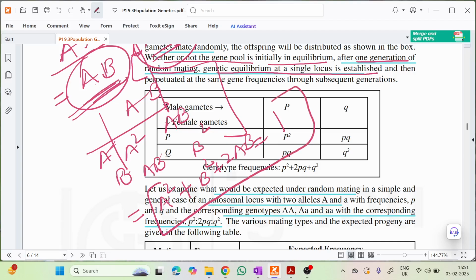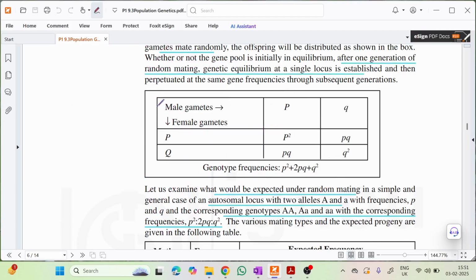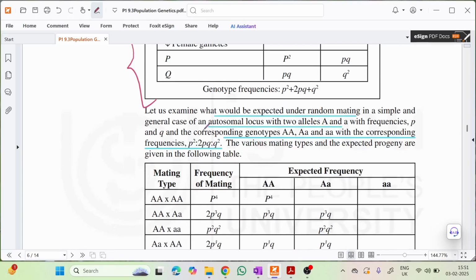So the population that is reached during such a genetic equilibrium will be in this form: a square plus b square plus 2ab is equal to 1, which is similar to this formula. So ये Punnett square आपको explain कर दिया था.